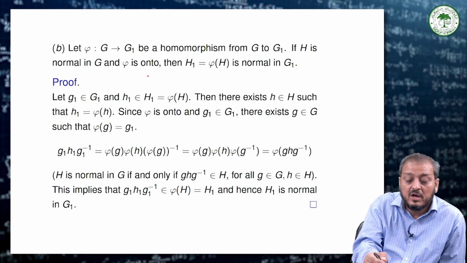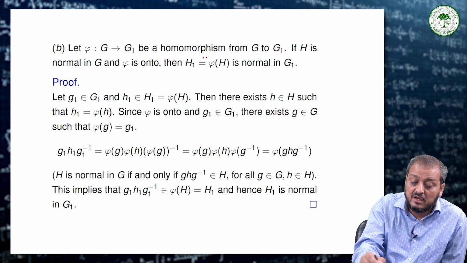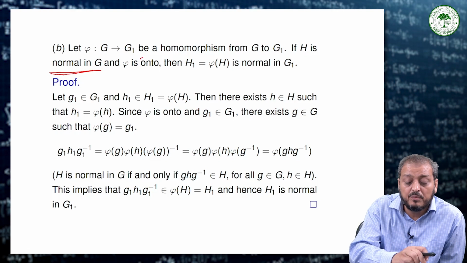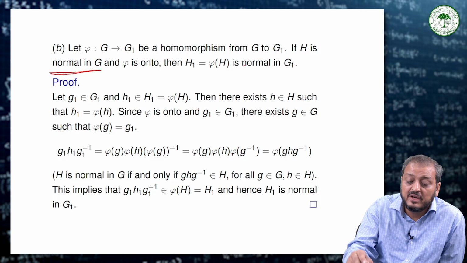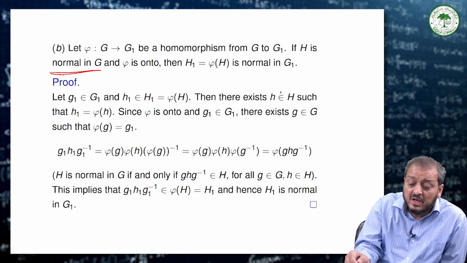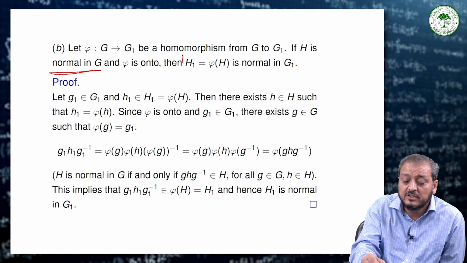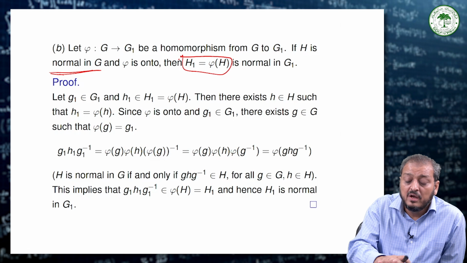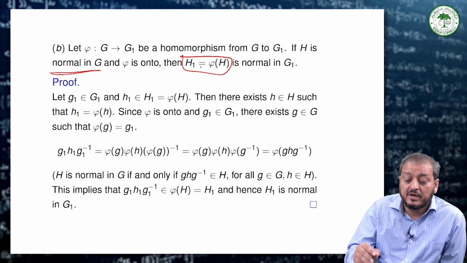If H is normal, then H is a subgroup, so H1 is a subgroup. The first condition trivially holds. Now we have to show only the normality condition.